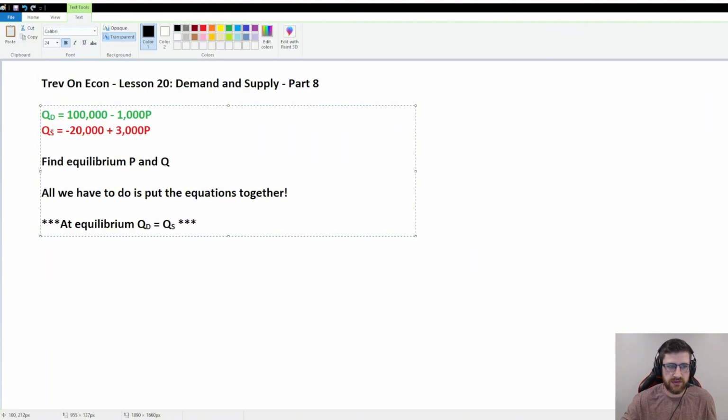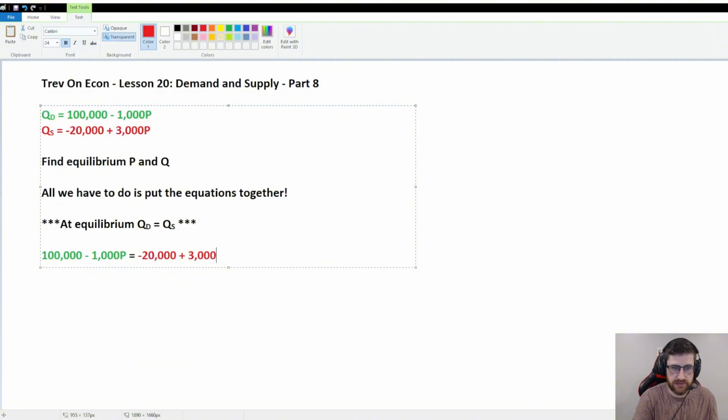So even though QD and QS are not the same variable, which means, oh, I shouldn't be able to put those together, at equilibrium, they are the same variable. So all I have to do is take all the green stuff, the 100,000 minus 1,000p, and I'm going to have that equal to the red stuff, negative 20,000 plus 3,000p. Right? Easy enough.